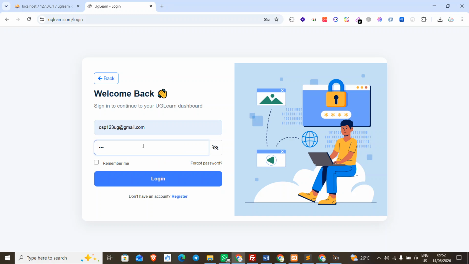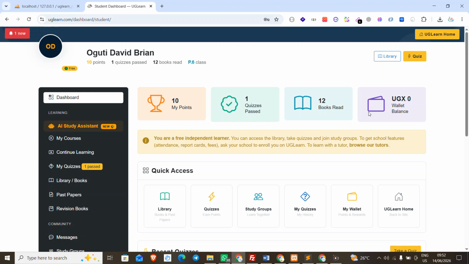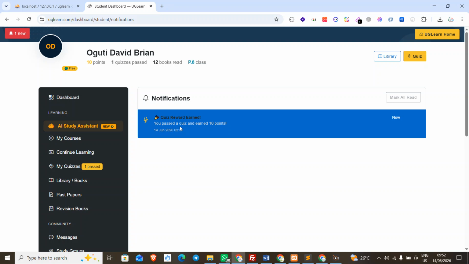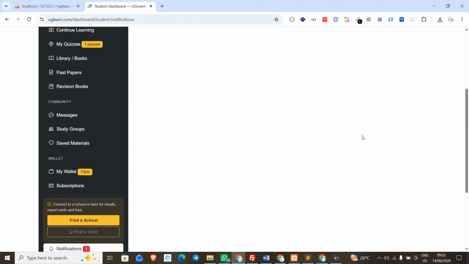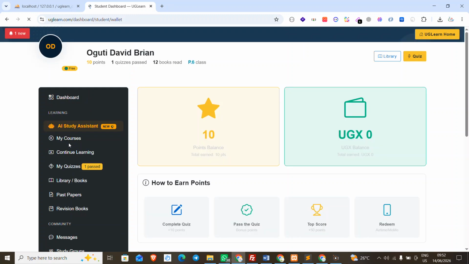When I go into my dashboard as a student, you realize that even a student may have money in their own wallet. I have one notification here because I was doing some tests. You passed a quiz and earned 10 points. This is a quiz I did this morning. Congratulations to me, I did a test and I got it. And in my wallet, I have 10 points.